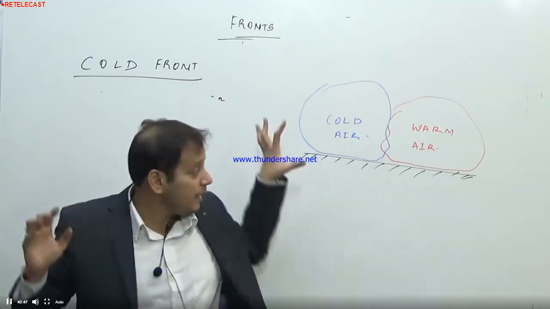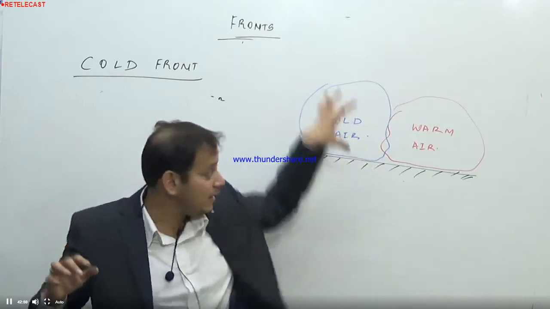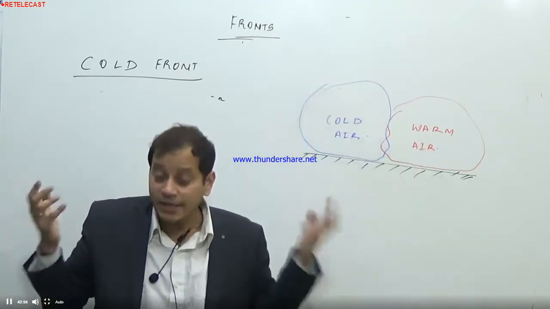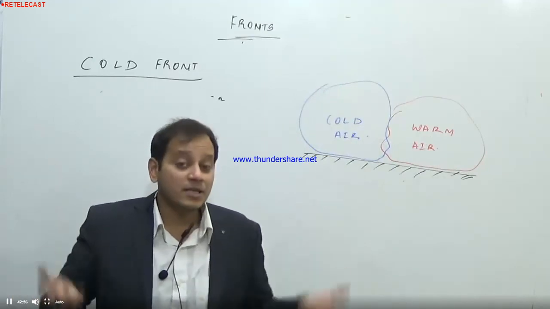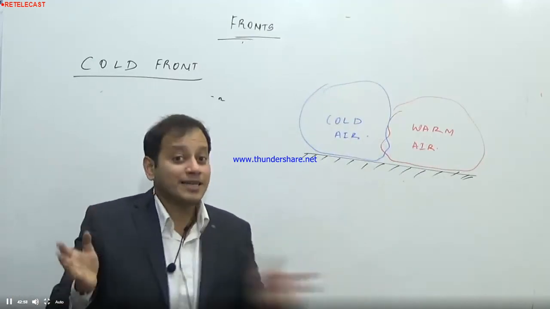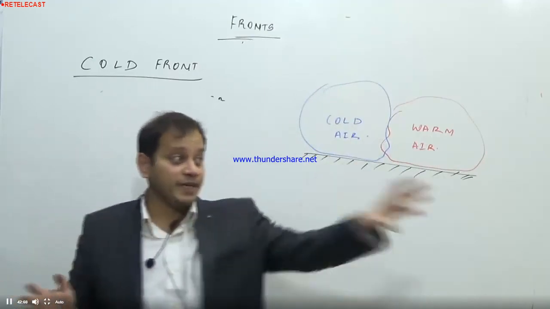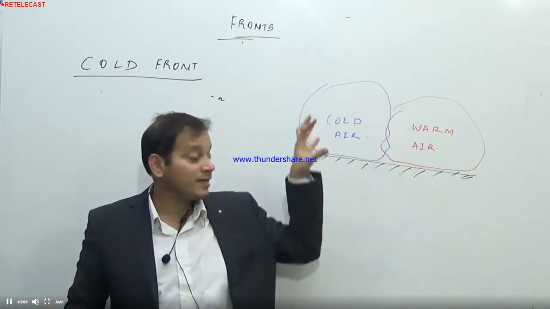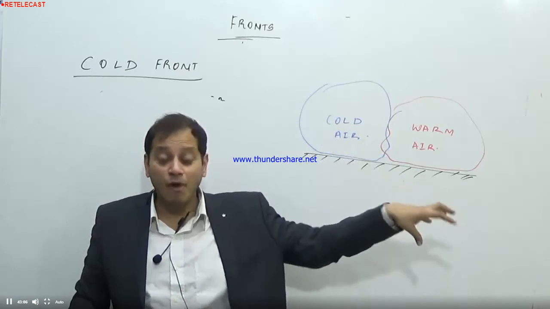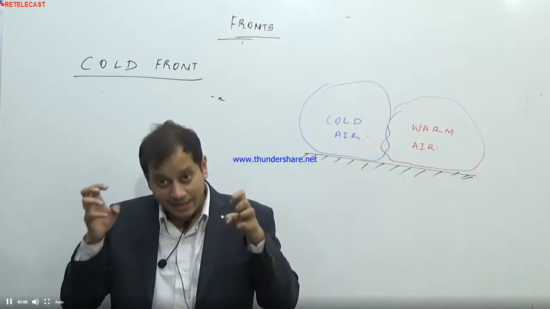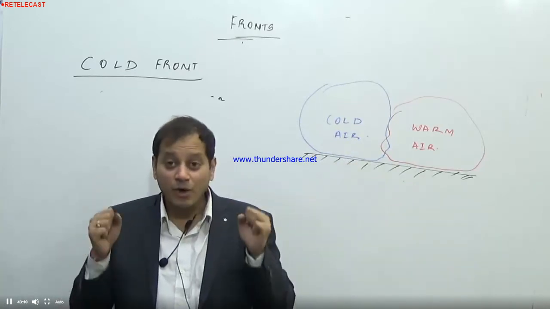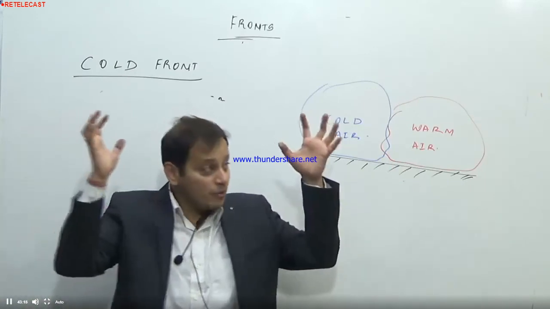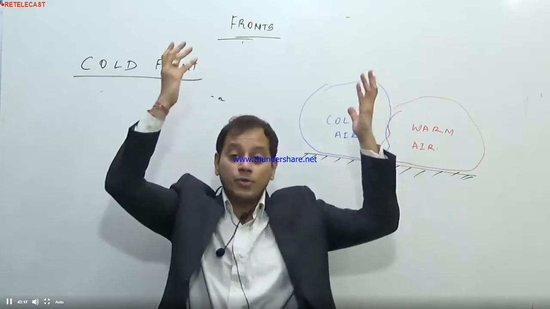Now, when the cold air comes, cold air is heavier, and so it comes in the territory of a warm air. But the territory is already occupied by the warm air. So what does the cold air have to do? As I told you, with the ferocious dog, you are invading his territory, you will have to run. Similarly, when the cold air comes in the territory of a warm air, the warm air does not voluntarily get displaced, but the cold air picks the warm air and throws it upwards.